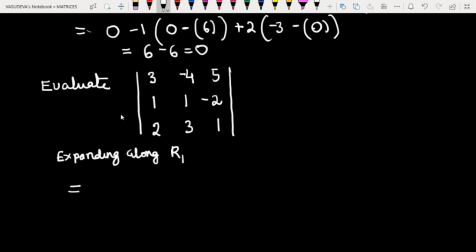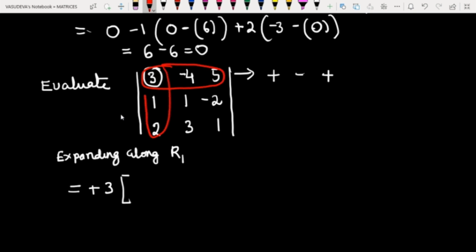When we expand along R1, the sign scheme associated with the first row is plus, minus, plus. Therefore I am writing plus. Now for this element 3, I am going to write directly the expansion of the second order determinant. 3 lies in the first row and the first column.